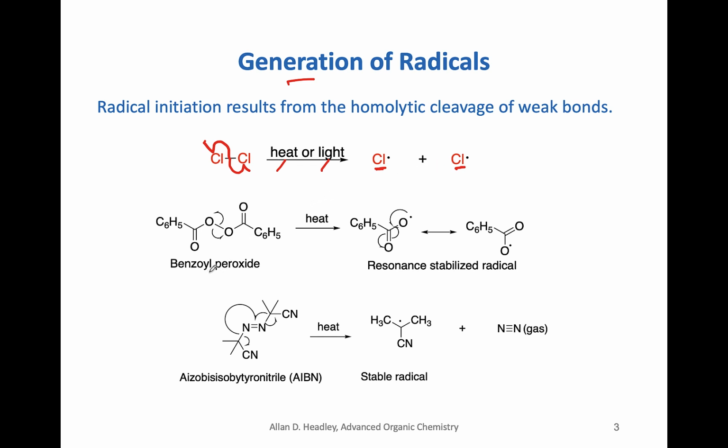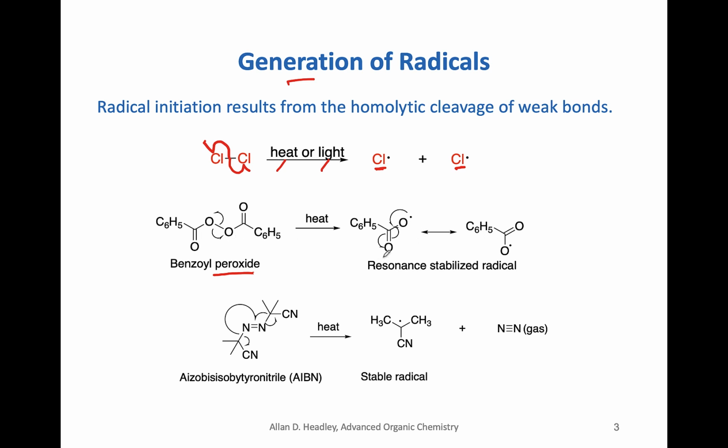Benzoyl peroxide. Peroxides are known for forming radicals in the presence of energy, typically heat. Let's see why. So here's the peroxide here. This is the sigma bond with two electrons. If broken, one electron goes here, as you can see, and the other electron goes here to form a radical.